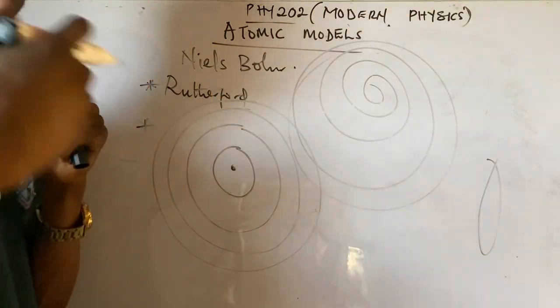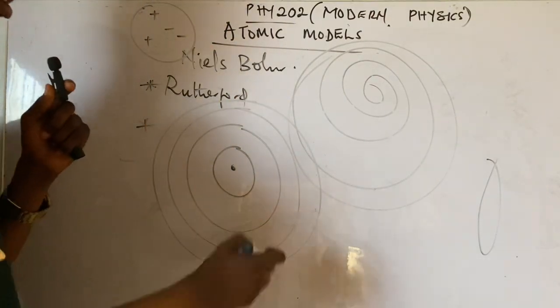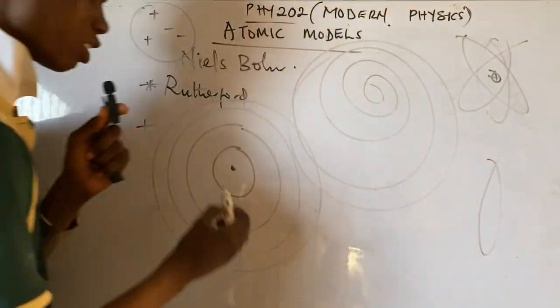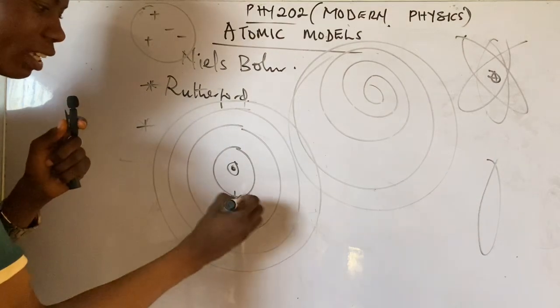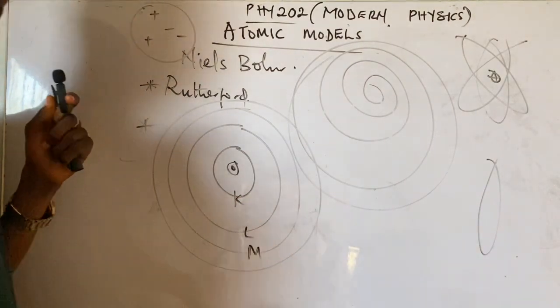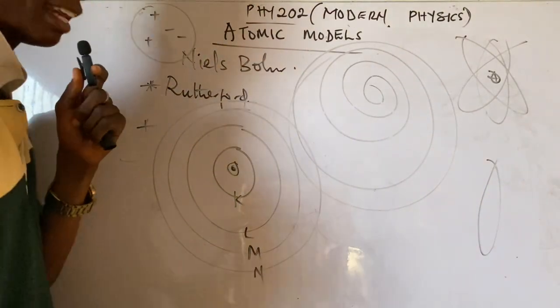Looking at the evolution from a sphere of positive and negative, to a sphere of positively charged nucleus, then to a positively charged nucleus with electrons in specific orbits. The electron in K orbit stays in K orbit, in L orbit stays in L orbit, in M orbit stays in M orbit, and in N orbit stays in N orbit.